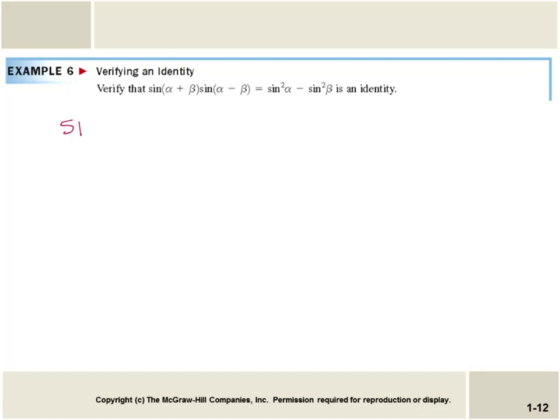So we have the sine of alpha plus beta. So the sine of alpha plus beta is sine alpha cos beta plus cos alpha sine beta.